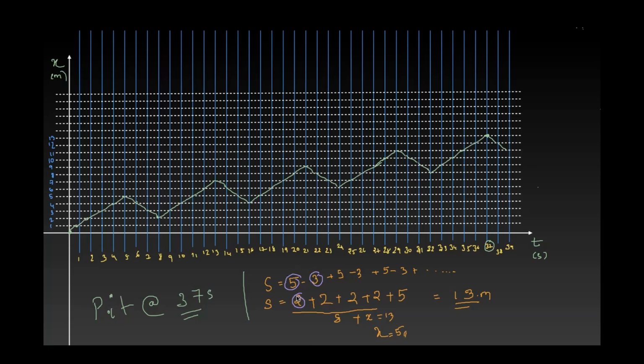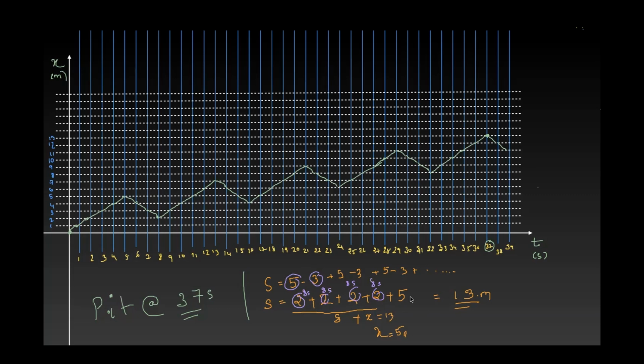So how much time does it take for two effective steps? For 2 effective steps, he takes a time of 8 seconds. Here he takes an effective time of 8 seconds. Again, an effective time of 8 seconds. Here again, it is the same logic, 8 seconds. And these 5 are steps.